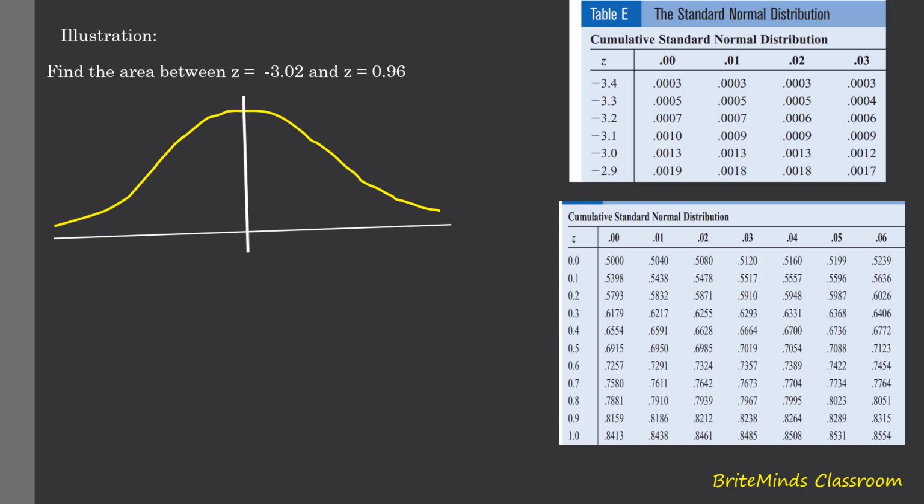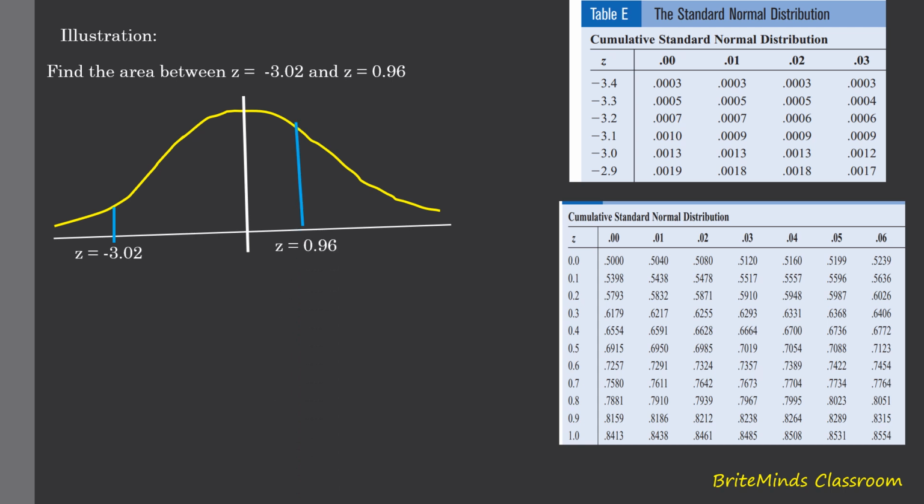I will give you our last example. Find the area between z equals negative 3.02 and z equals 0.96. We need to locate our z values in the curve. Our z equals negative 3.02 is here on the left side, and our z equals 0.96 is on the right side.